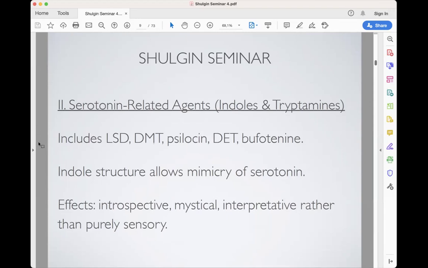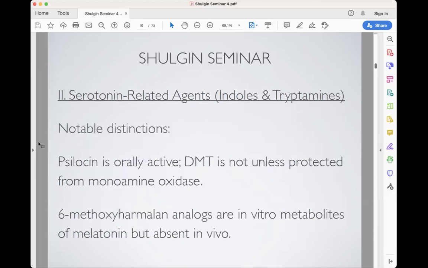Yeah, so he mentions them generally, but I think in those early years of his research in the 60s and 70s, he does not really focus on tryptamines, and mostly focuses on phenylethylamines. And so then, oh yeah, the title is fine. You're right. So he says that psilocin is already active, DMT is not, unless you have a monoamine oxidase inhibitor, which we now know perfectly well, and this is what he established.